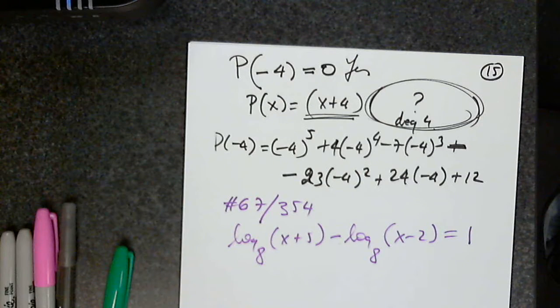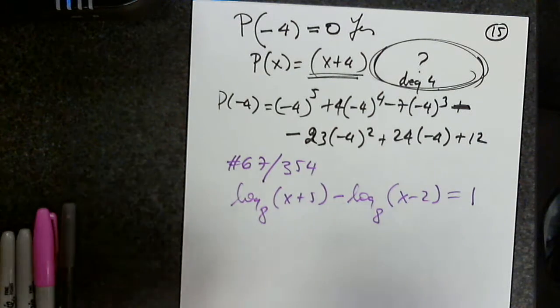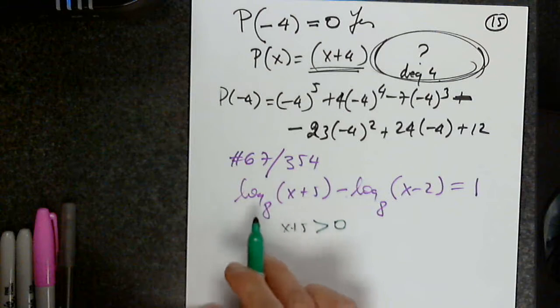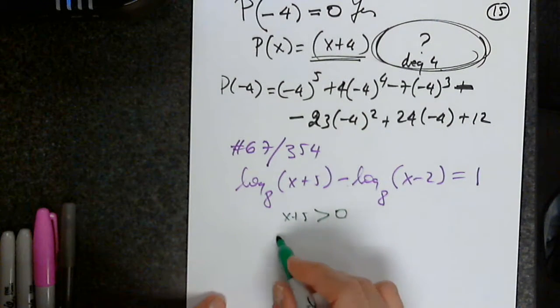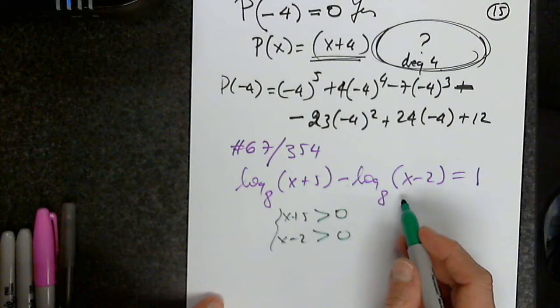I can't just yet. I have to do one more thing before. There is something else very important here before I proceed. X plus 5 must be greater than 0. Log will not exist otherwise. And x minus 2 must be greater than 0 because this log will not exist otherwise.